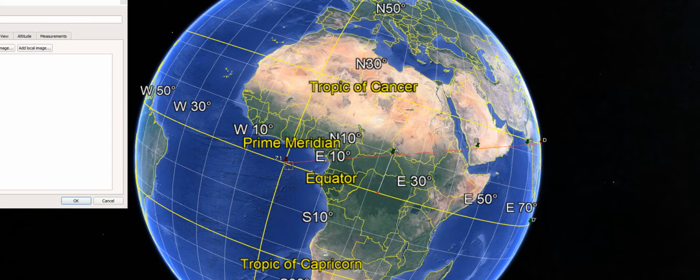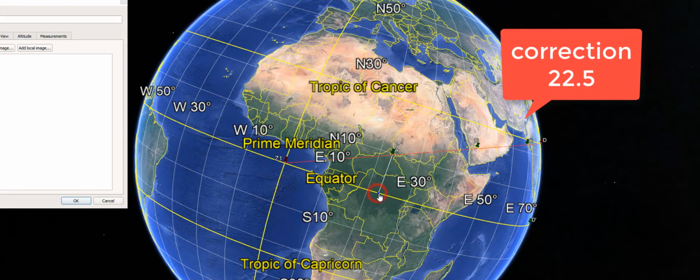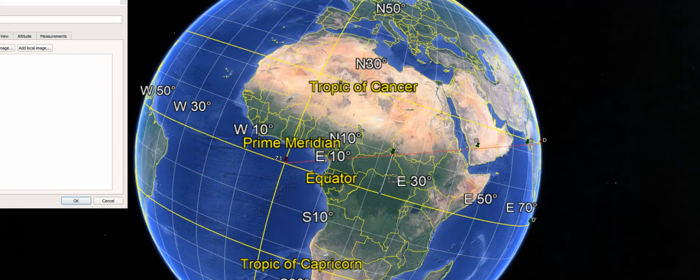That's a greater angle than Z1 and A dash and the center of the Earth, which must be a smaller angle. So A, even though it's on the 22.5 degree meridian, its angle with the center of the Earth and Z1 is much larger than 22.5.